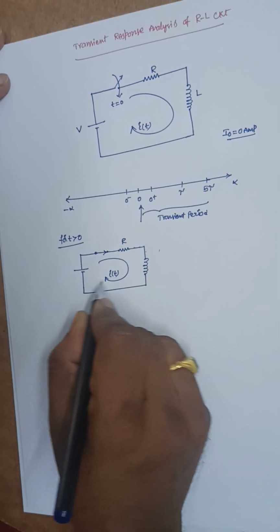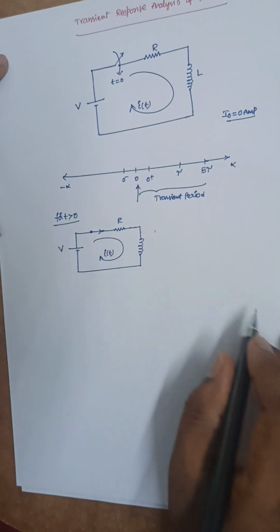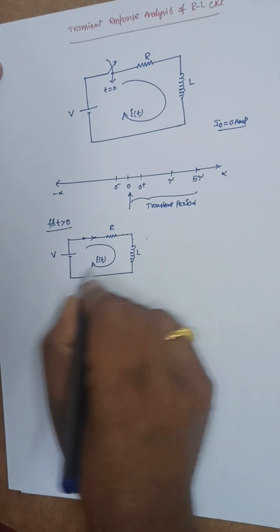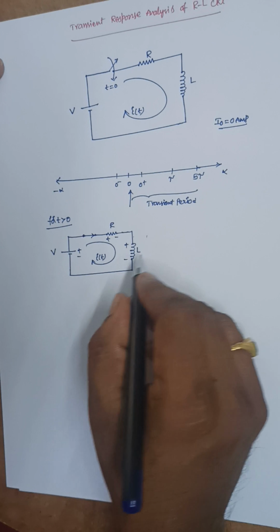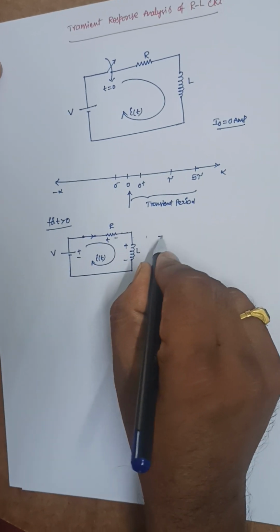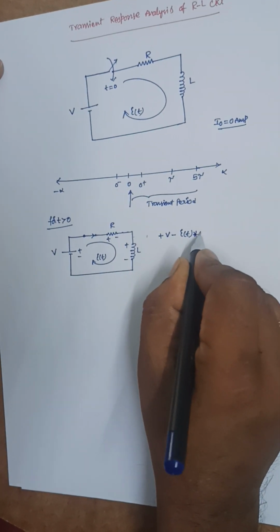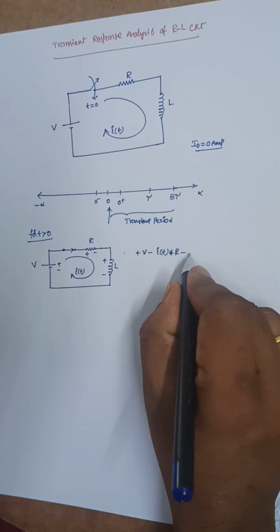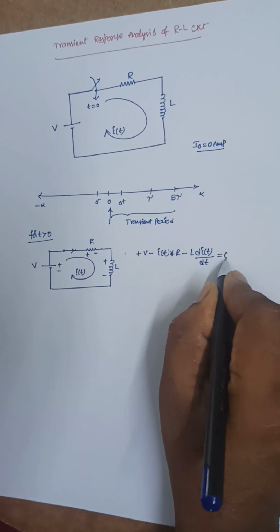We can also call it as IL of t or I of t, and this is the voltage V. Apply the KVL for this. So it is plus and minus, plus and minus, plus and minus. Now if I apply the KVL, it is plus V minus I of t into R minus VL of t, that is L into di of t by dt, is equal to 0.